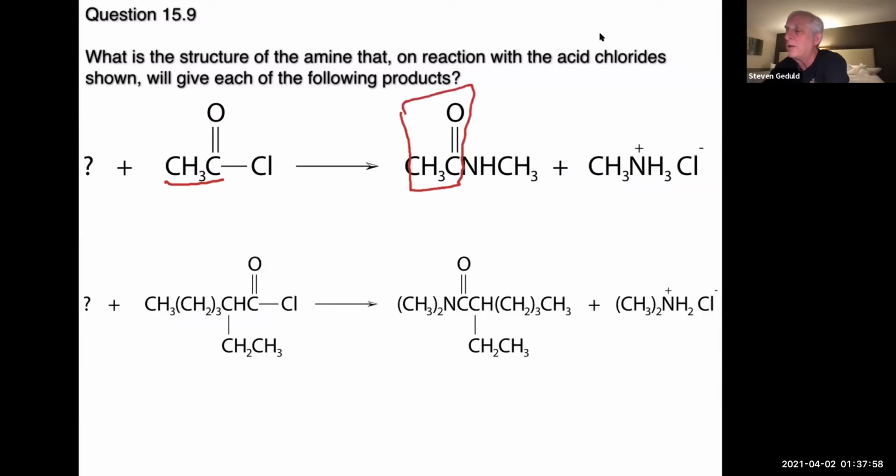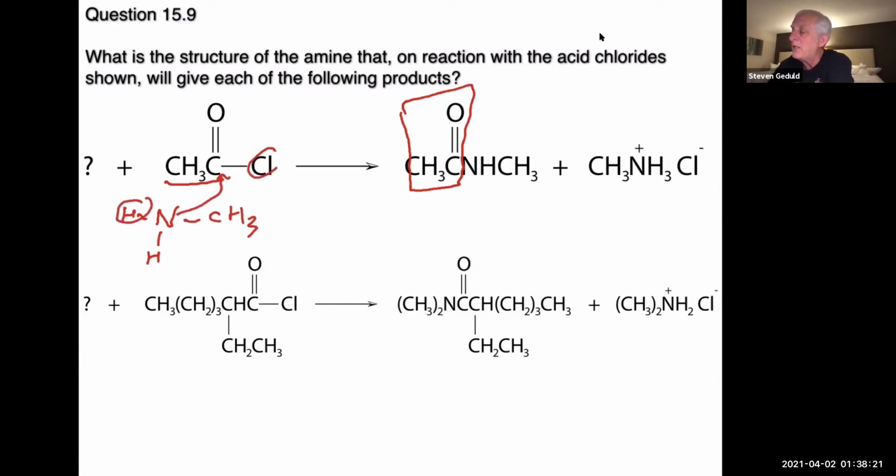What's reacted with it came up with N, hydrogen, hydrogen, and 1 carbon, because this hydrogen gets transferred with the Cl and this N bonds right there.